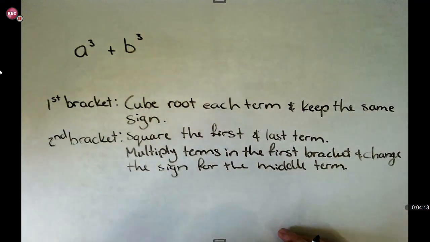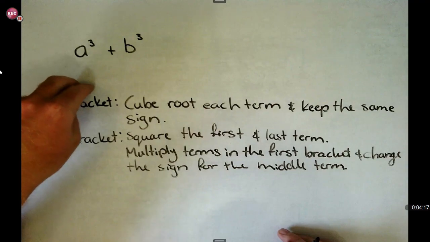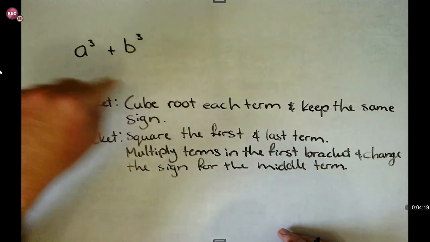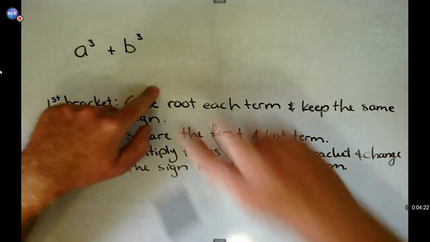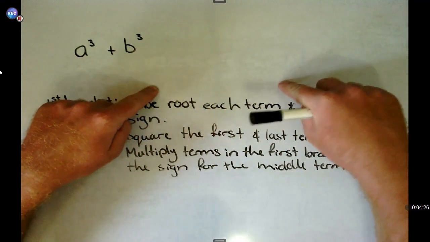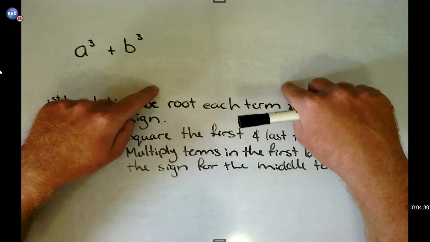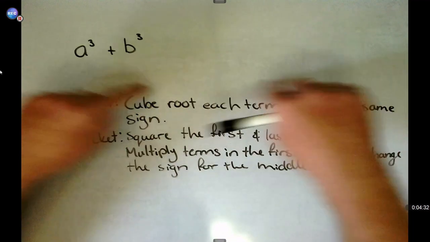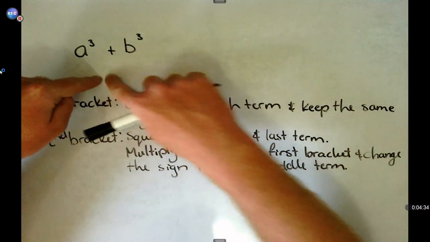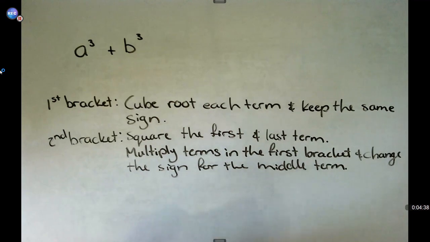To get the second bracket, we square the terms we formed in the first bracket. The first term will be first in the second bracket, and the second term in the first bracket will go to the last term in the second bracket. I will show you how that works. Then with that, we multiply the two in the first bracket, change the sign, and then put them in that bracket. So look here quickly.